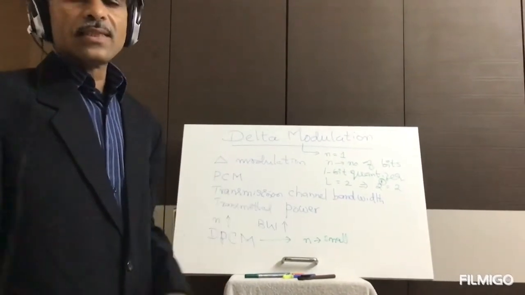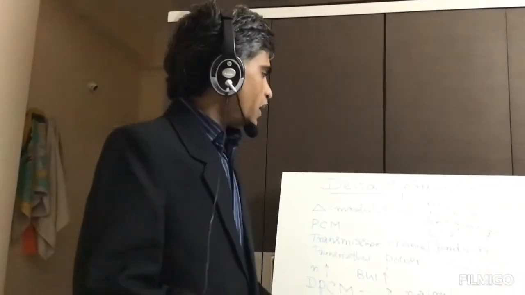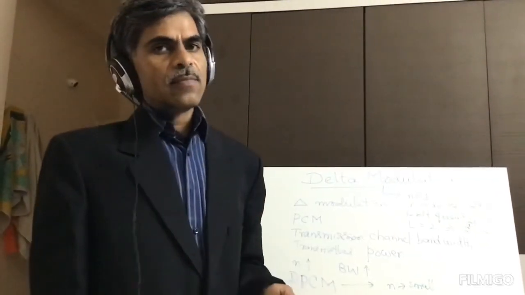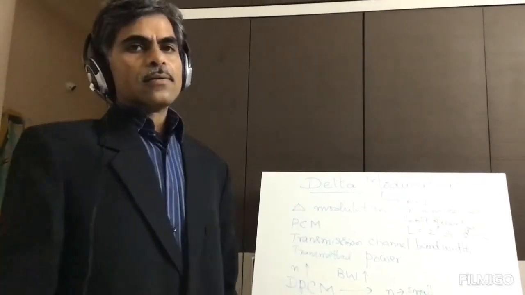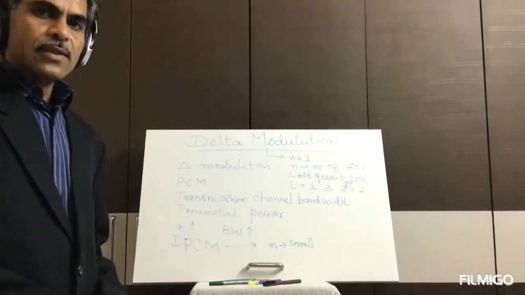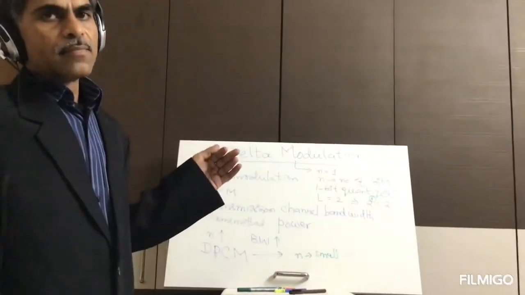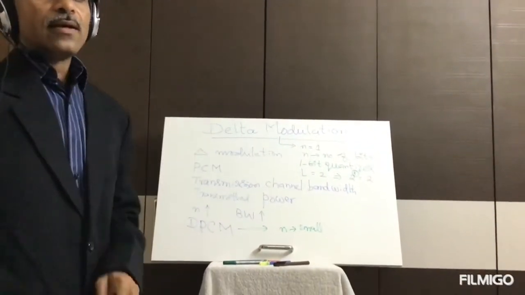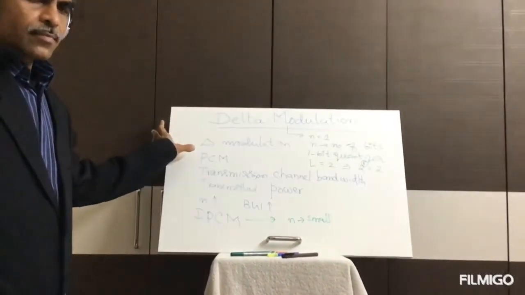Therefore, there is no necessity of implementing error detection and correction techniques in delta modulation, and likewise in adaptive delta modulation, which is a superset of it and also does not require them. These are some merits of DM as well as adaptive delta modulation compared to PCM.